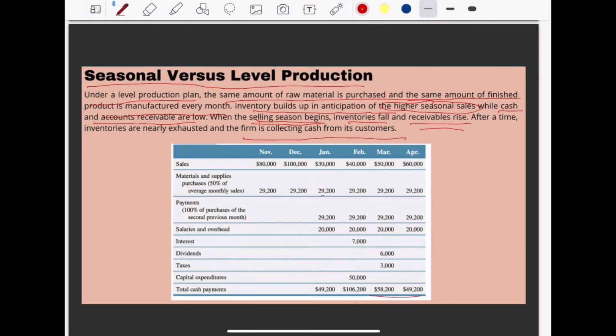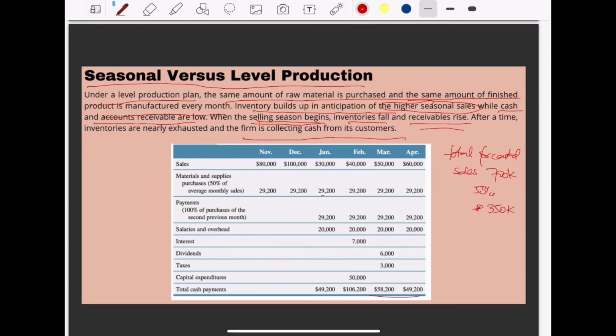Now, for this table below, let's take this for example. It says that there will be the same amount of finished product that will be manufactured every month, and same raw materials is purchased. So if let's say the total forecasted sales is 700,000, 50% of that, which is materials and supplies purchase, is 350,000.